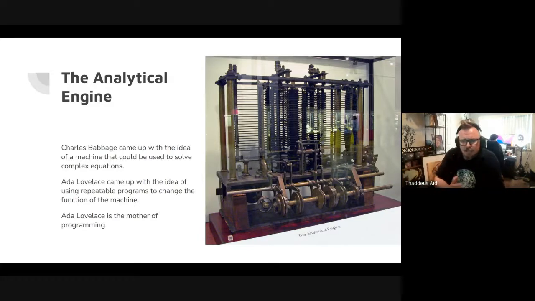She got the idea looking at the jacquard looms, which were used in English textile mills in order to produce the different patterns in fabric, and then took it to the next stage. Absolutely brilliant. And so quick shout out to Ada, mother of programming. Without her, where would we be?